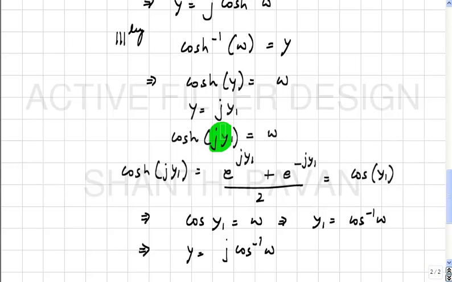Since we already have been saying that the cosine of an imaginary number gives you the cos hyperbolic of the imaginary part, I thought it's pretty straightforward without having to go through the extra steps.